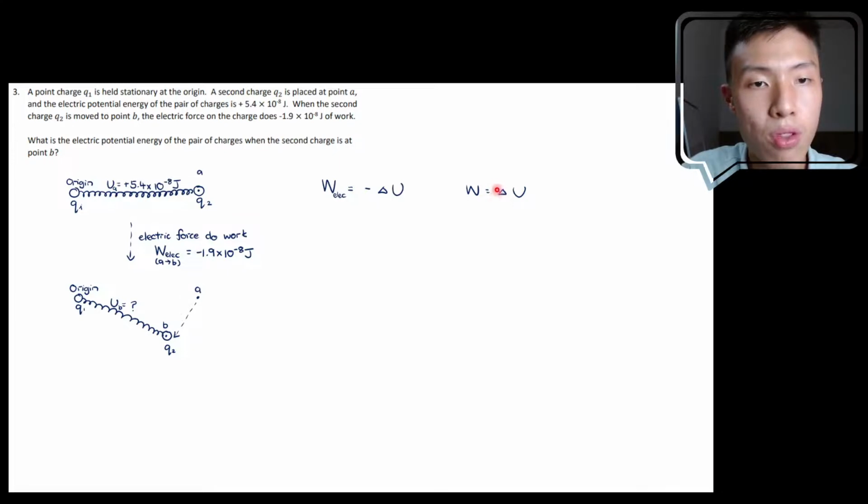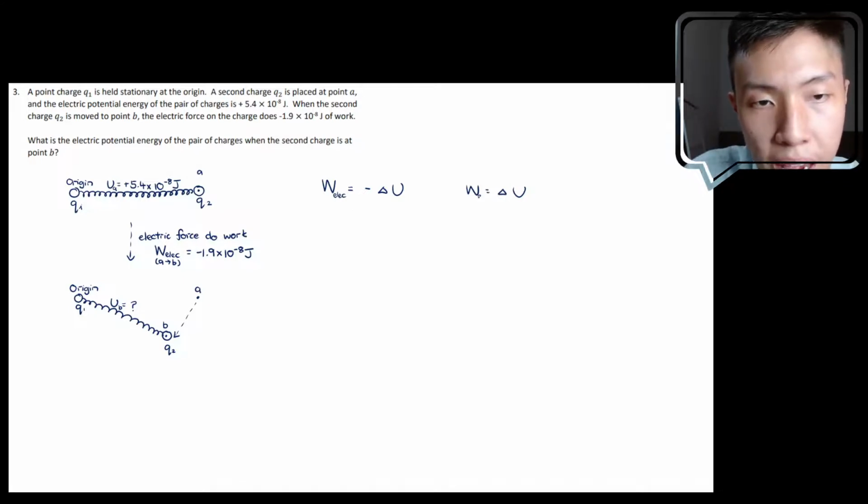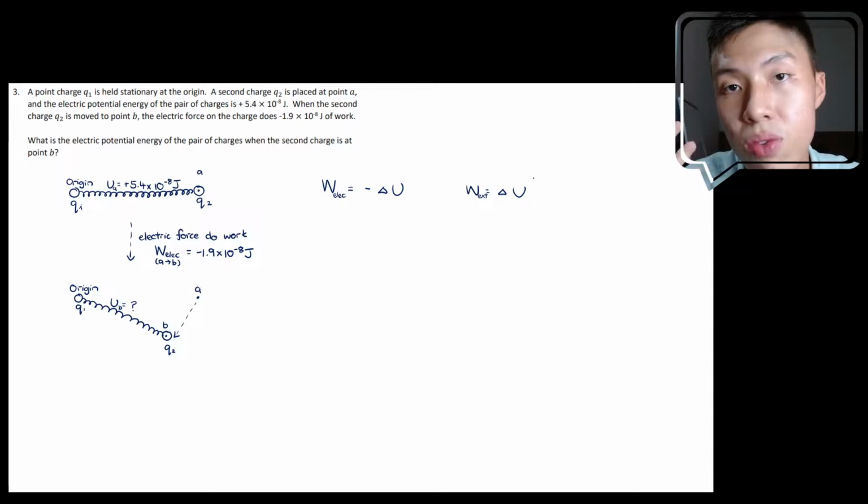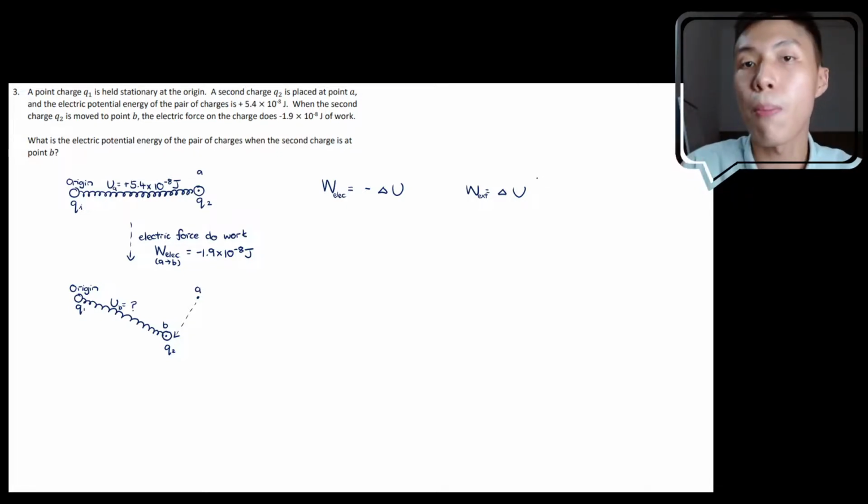If we have no negative, meaning work done equals positive delta U, then this is work done by external forces, or the work required, or work done by some other third party.